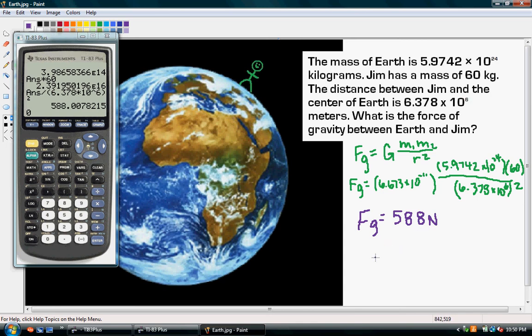Now let's consider this. We know that force equals mass times acceleration, right? So what if we tried to calculate the acceleration of the Earth on Jim? So if we plugged in this force for the force of gravity, and then used Jim's mass to calculate for acceleration, what do you think we would get?